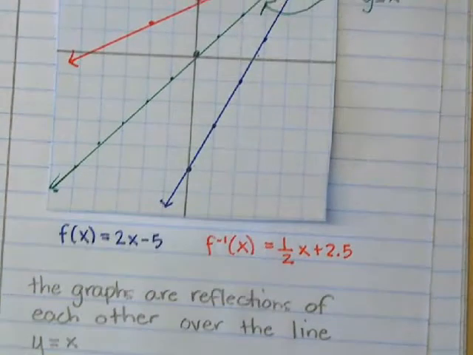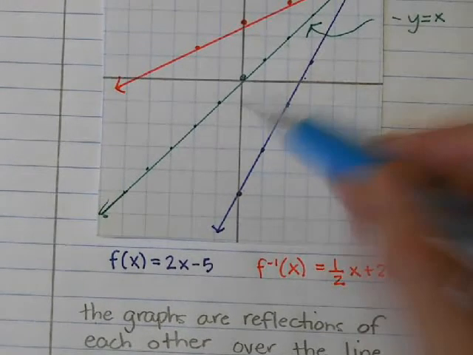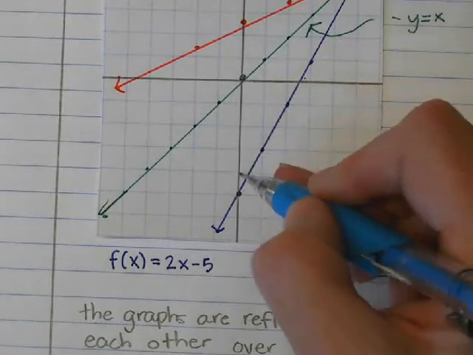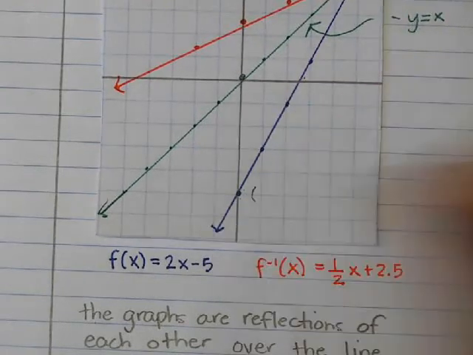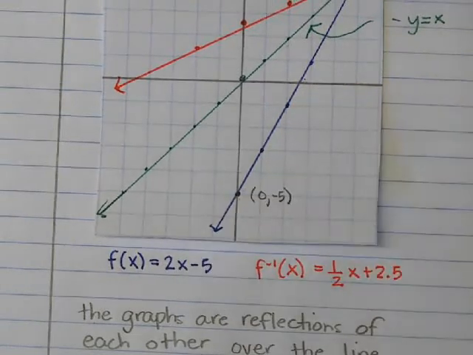And there's going to be a couple of ways that you can tell that they are reflections of each other. Basically, if we connected all of their points that go together, their points would make a line perpendicular to the line of reflection. Now, that's something kind of new. We have not talked about that before. But let's just see. This point right here, let's see, I've got -1, 2, 3, 4, 5. So it's 0 on the x, -5 on the y.